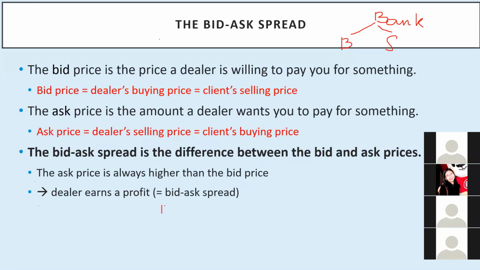So let's say Commonwealth give me a quote for the USD, right? So let's say the currency that we are dealing with is the USD. Now let's say Commonwealth wants to buy USD at 1.2 Australian dollars, and they want to sell the USD at 1.3, right?